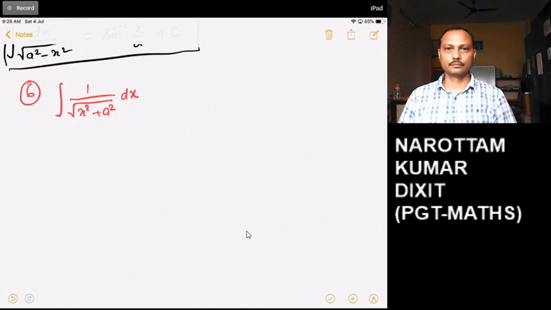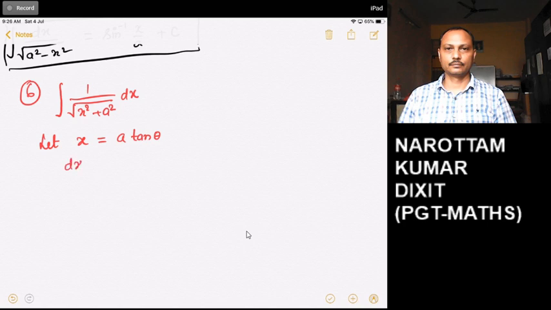Now again, what is the suitable substitution here? So let x equal a tan theta, because you know that tan square theta plus 1 is sec square theta. So we can turn this quantity within a square root into a single term by this substitution.